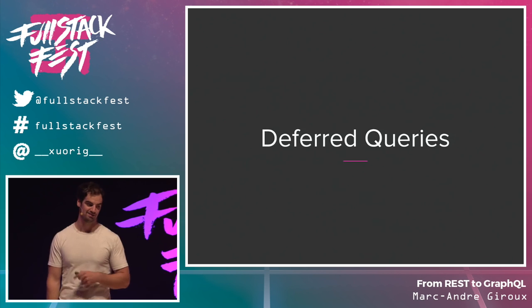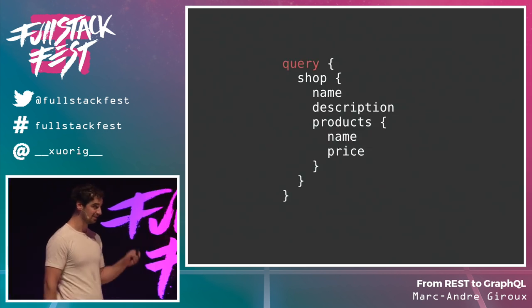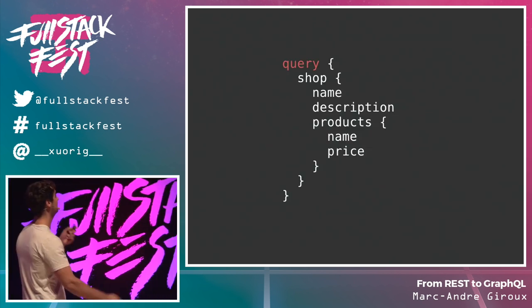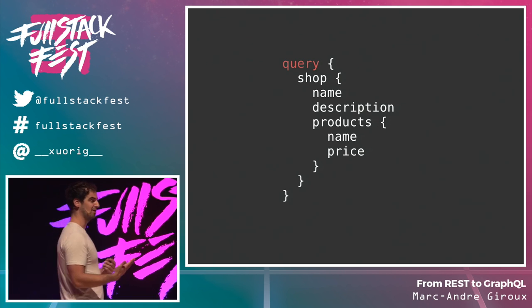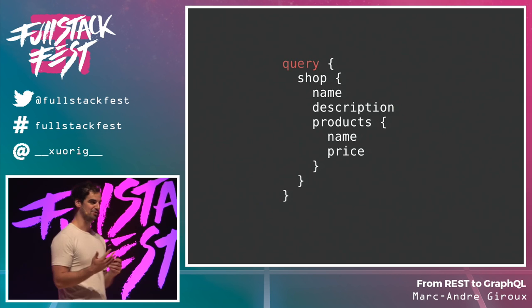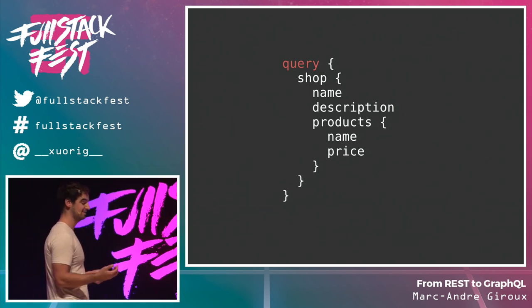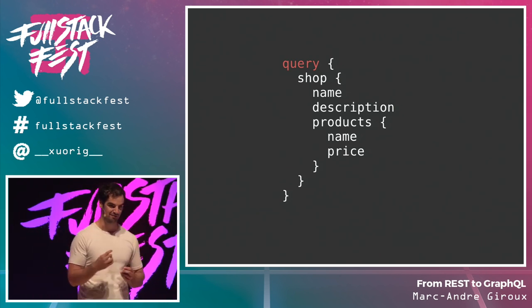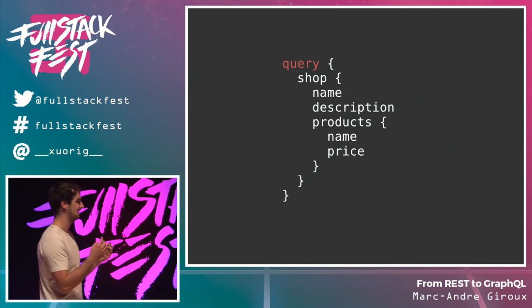Deferred queries are something that are really awesome too. And the principle is basically, when I'm rendering some UI, what I want is showing something to the user as fast as possible, right? I want them to feel like it's really fast.